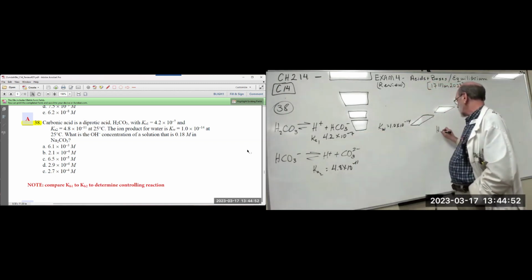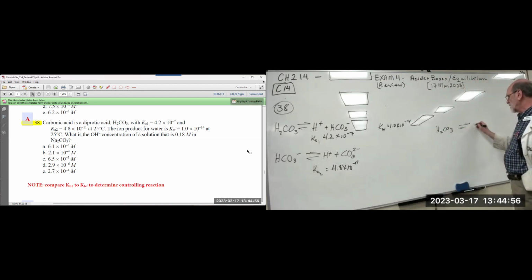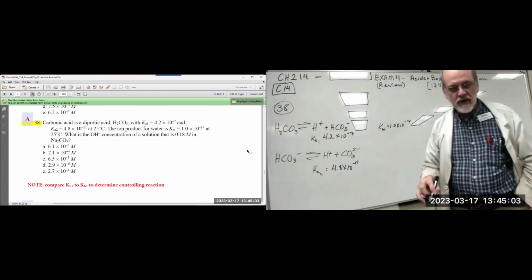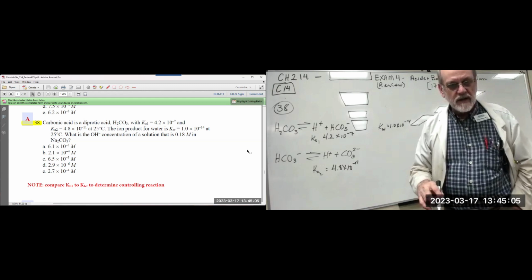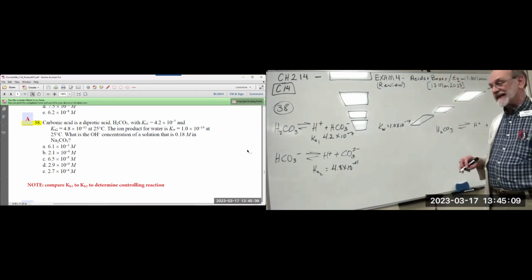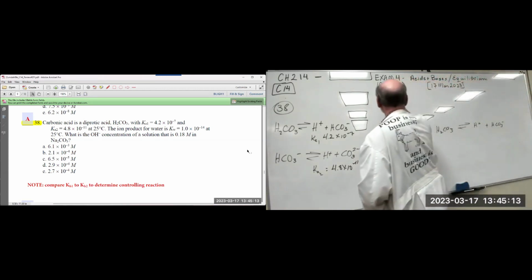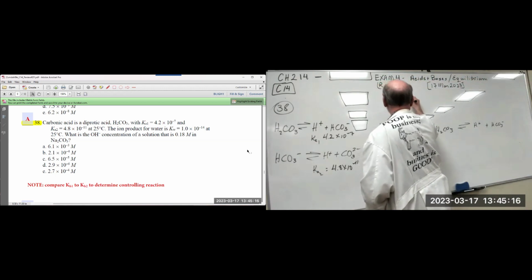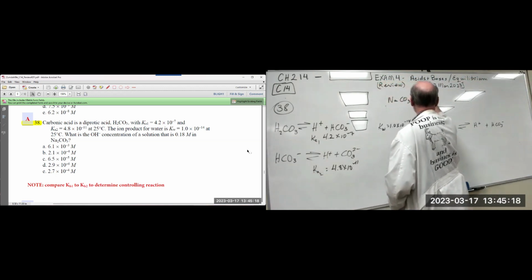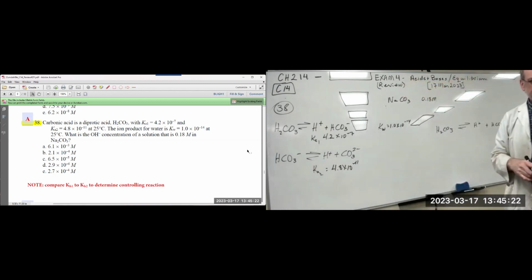So we have H2CO3 produces H plus plus HCO3 minus, and we're starting off with 0.18 molar sodium carbonate, correct?